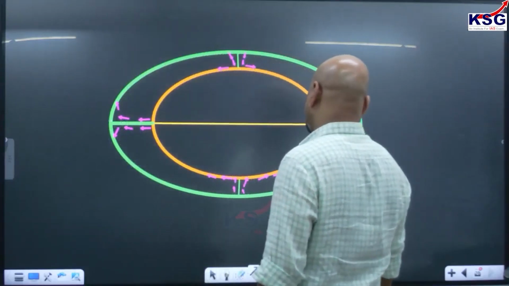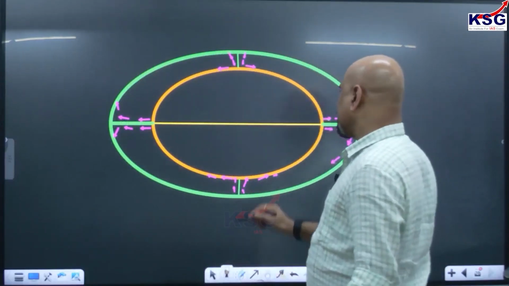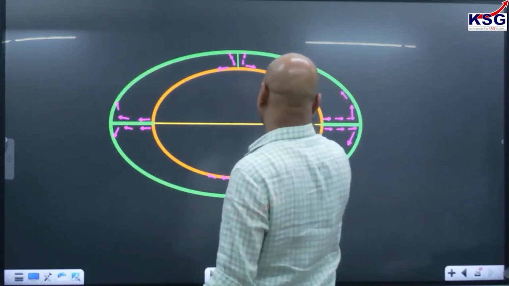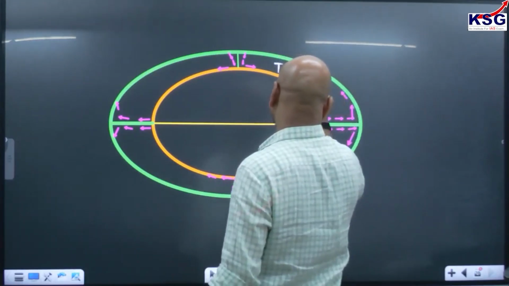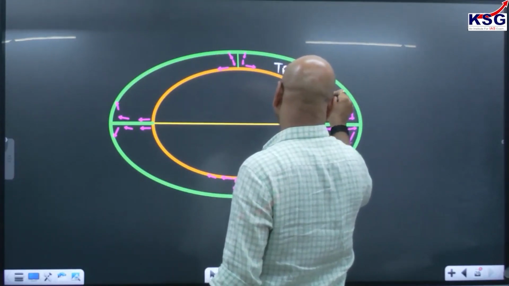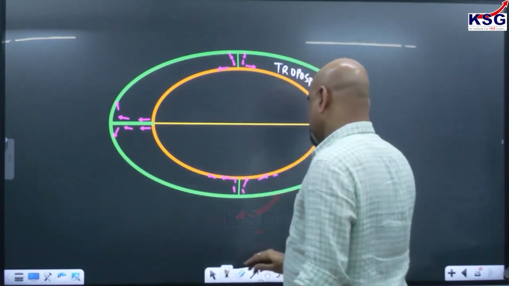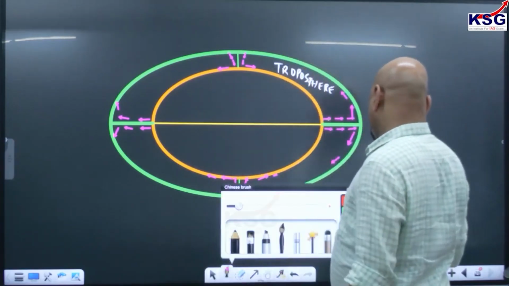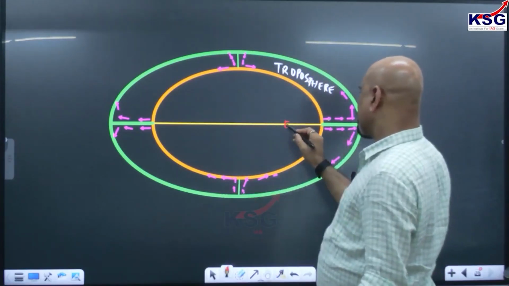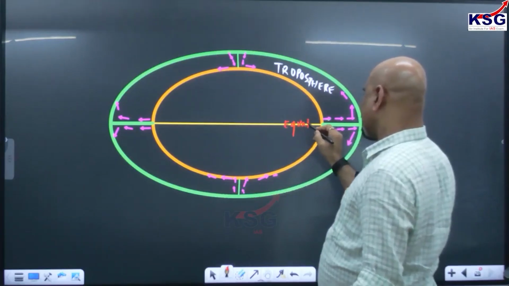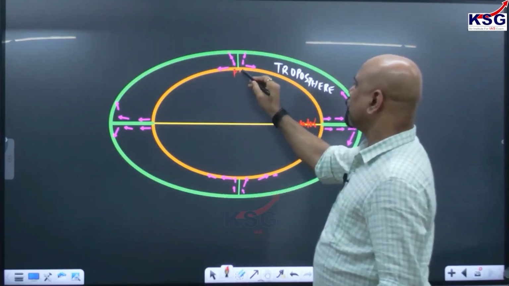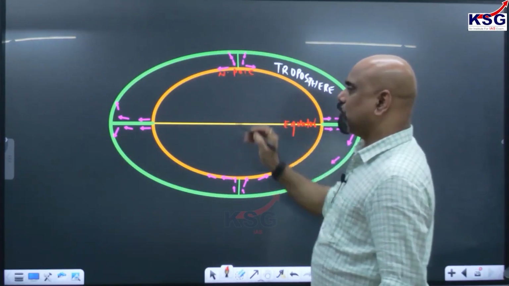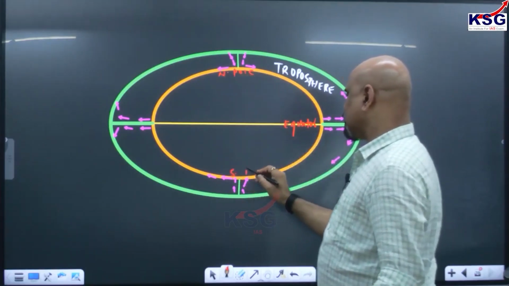Remember, this is the troposphere here. Here you have the equator. This is the pole, North Pole. Here you have the South Pole.